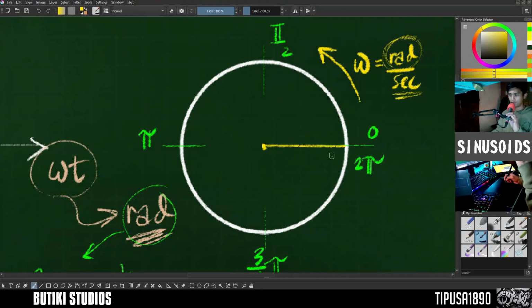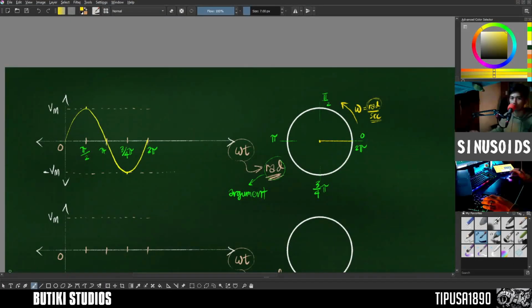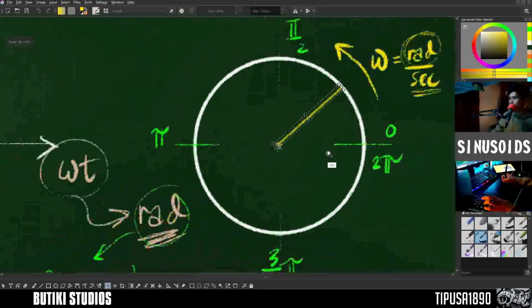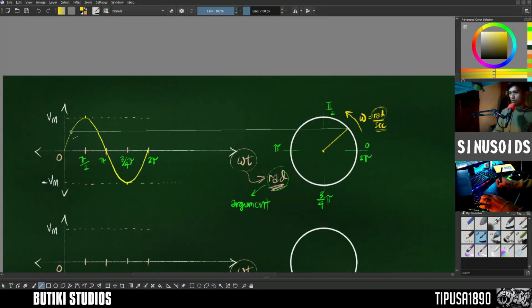So what happens here now: if our spoke is still there, it is at 0 degrees, so its value is 0 too. But say for example our spoke reaches somewhere there. Its value is going to be somewhere there. Somewhere here is about 45 degrees, di ba? So this rotation here is 45 degrees, or pi over 4.